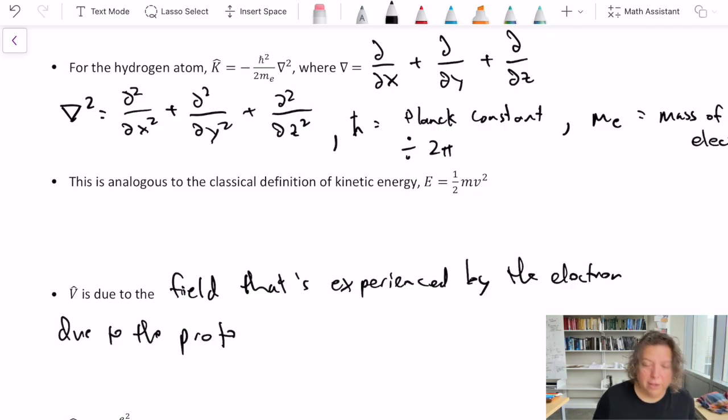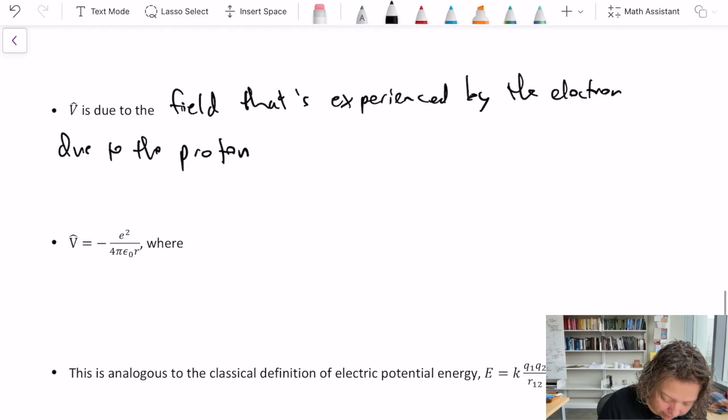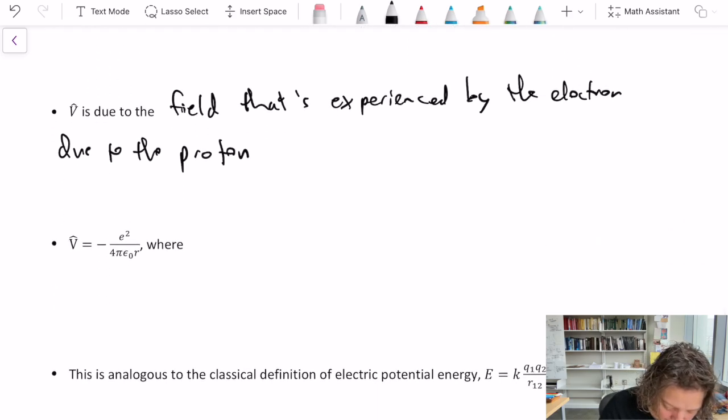So the electron experiences a field due to the proton, and the reason for this is that these two things are oppositely charged. So the electron's going to feel that in a Coulombic way. And the form of this operator looks like this.